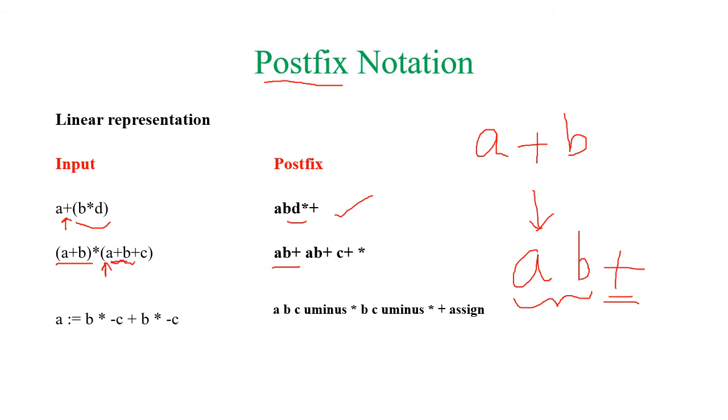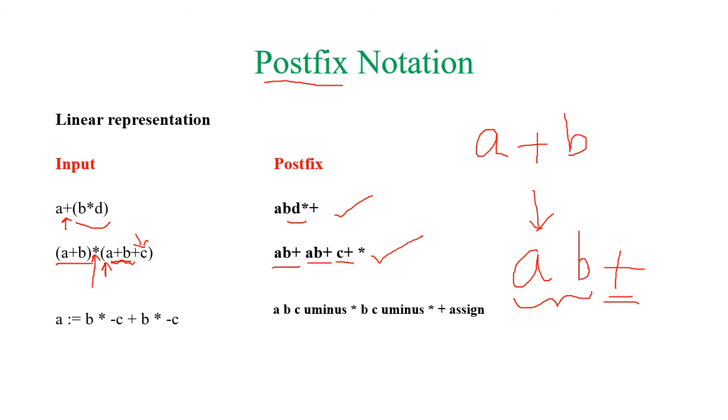So initially we convert A plus B, that is we get A B plus. Now we handle this plus and C, so we get A B plus C plus. Now we can handle this star operator and we get the output like this.